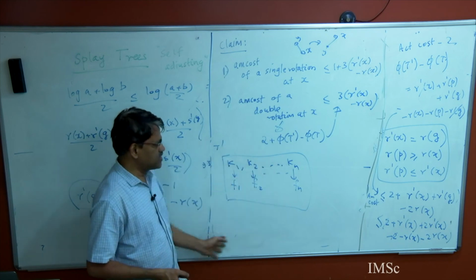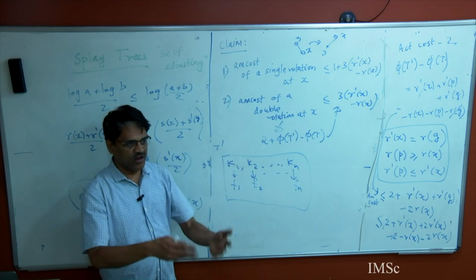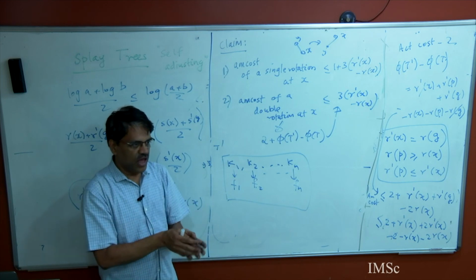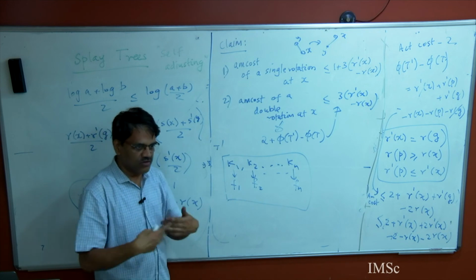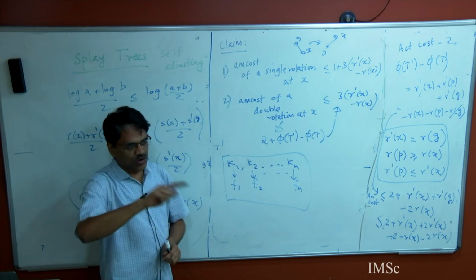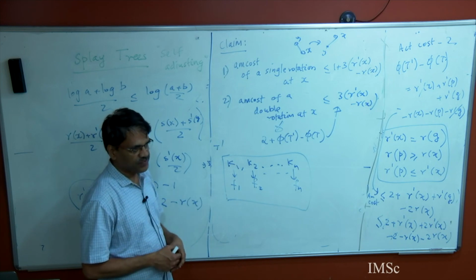Look at the cost of this search tree, and look at the cost of Splay Trees, where you access K1 F1 times, K2 F2 times, but you don't know F1, F2, F3. It just does this splaying. The total cost will be a constant times the cost of this optimum binary search tree.